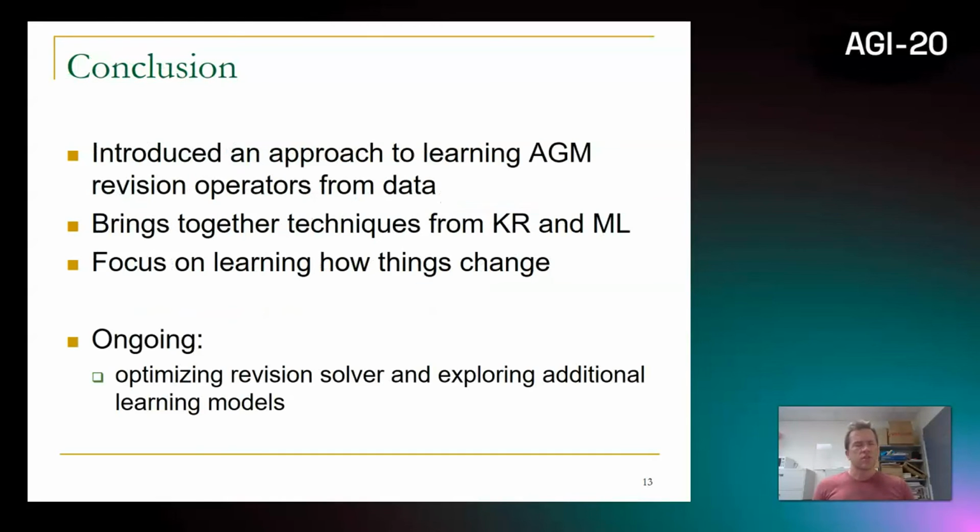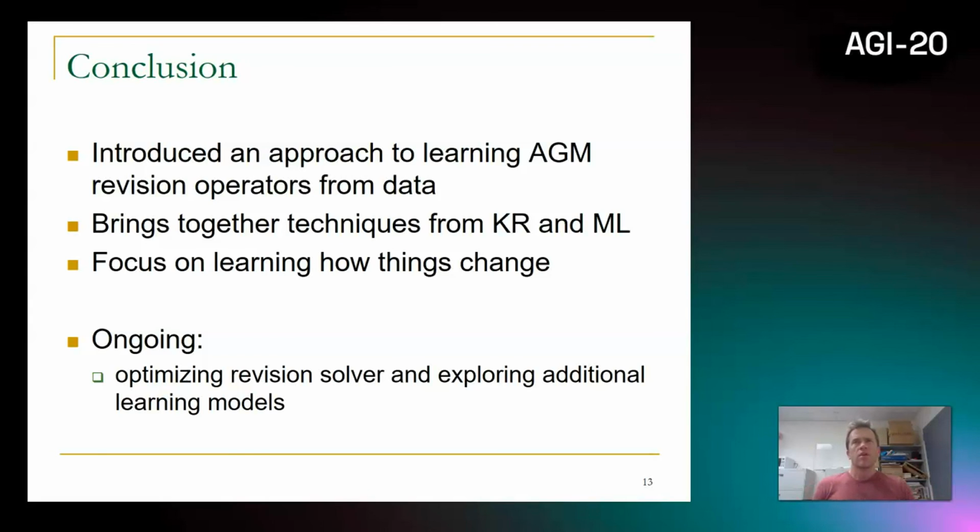And then, this is a short paper, so it's a short talk. In conclusion, what did we do here in this paper? And again, it's very hard to introduce the ideas in the paper so quickly. What we did is we introduced an approach for learning revision operators from data. Given data about past revision, here are the revision operators you could use. We're bringing together techniques from the knowledge representation and the machine learning community, which I think is an important goal of the AGI community.